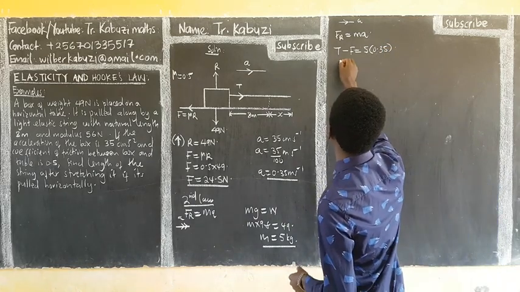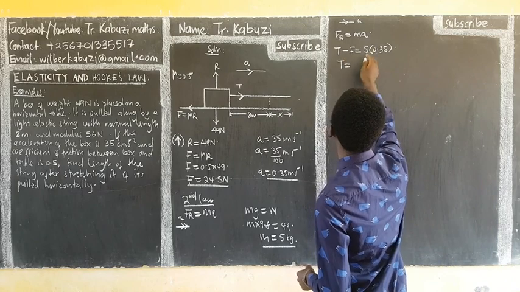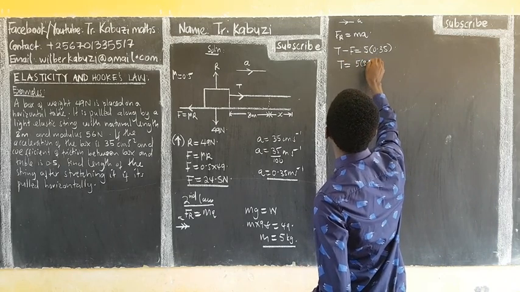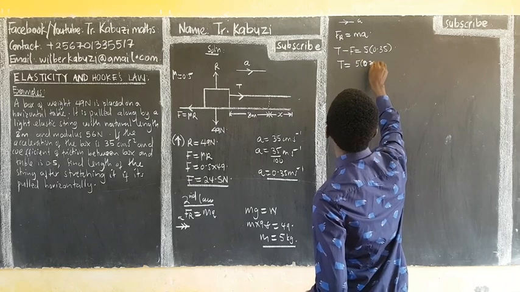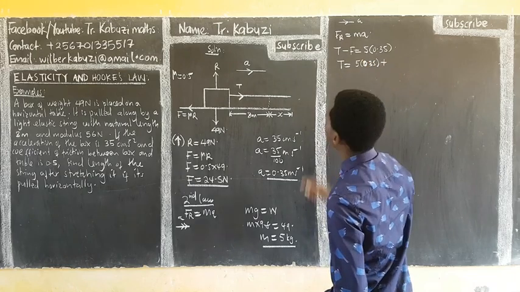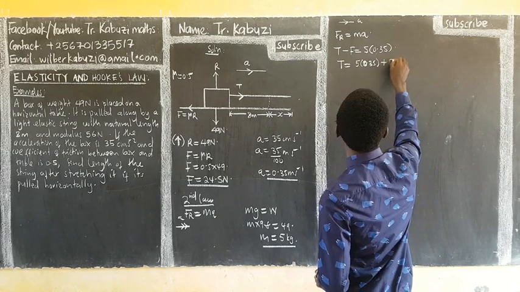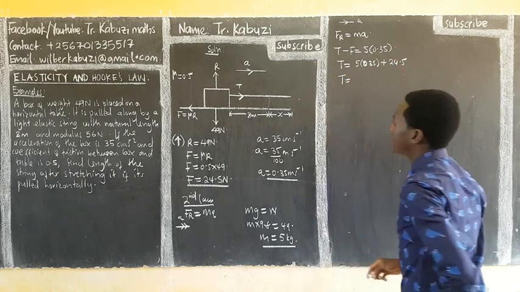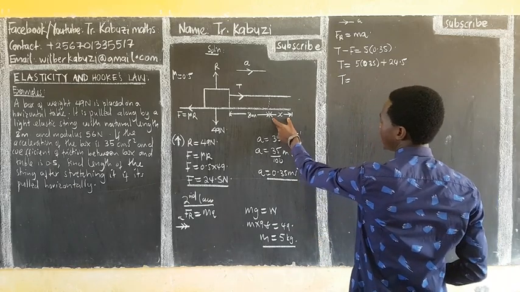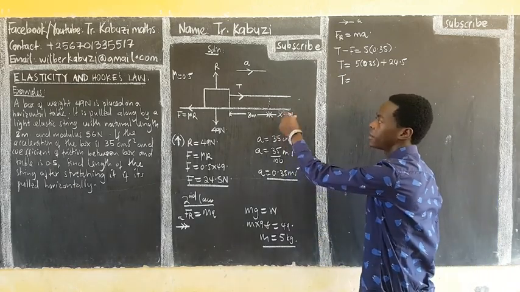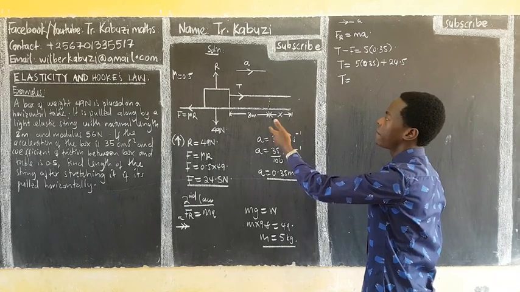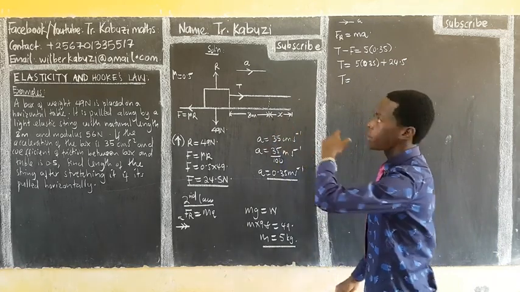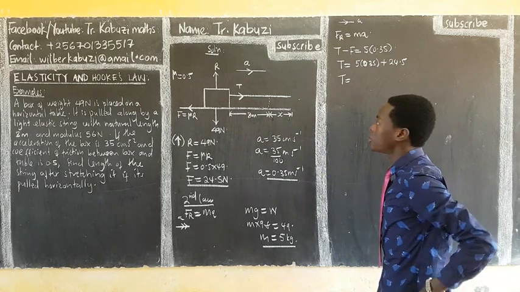And so you see that our T is going to be 5 times 0.35 plus F, this F which is 24.5. So in simple terms, we want to get this x, and the only way to get this x is by getting the tension. If we have the tension, the modulus of elasticity and the natural length, we can get x. That's why we had to get tension first.